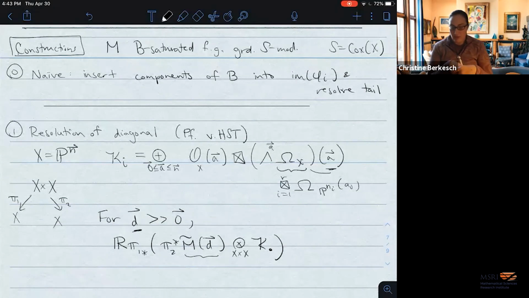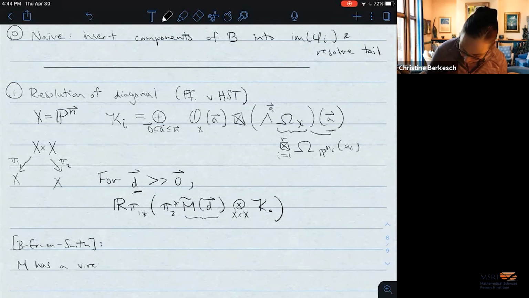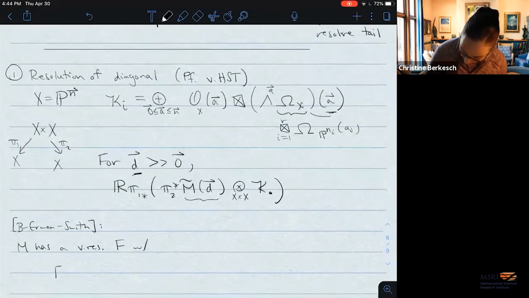And so if you play with this and analyze the hypercohomology spectral sequence you get from this, then after this procedure, you get a virtual resolution that pops out. So M has a virtual resolution F with, and then what comes out is this, which I'll just write out.